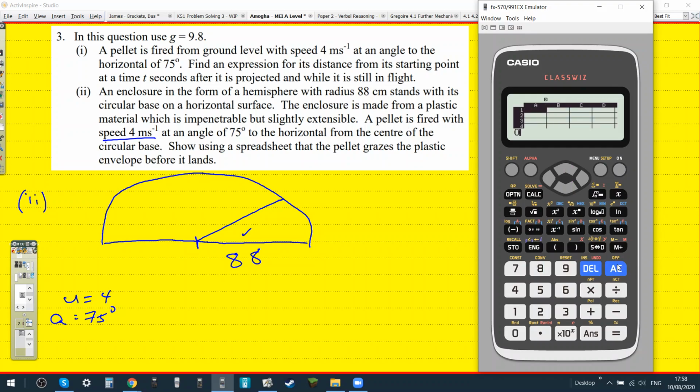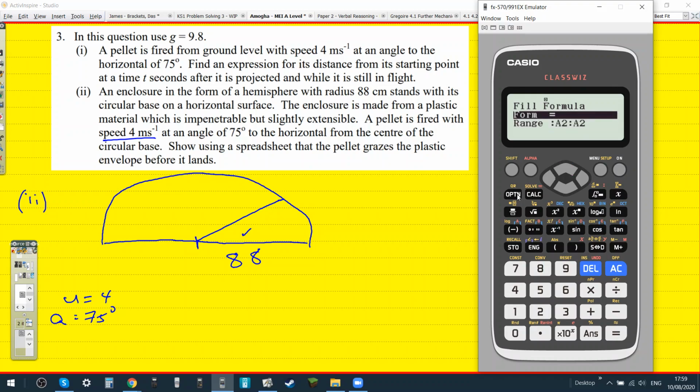So do I put 0 here? You can, but you have to put the formula in first. I think the formula option, fill formula.